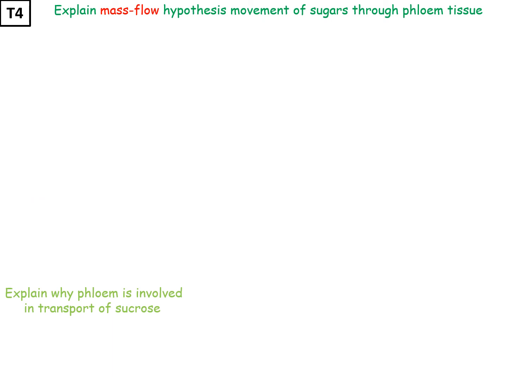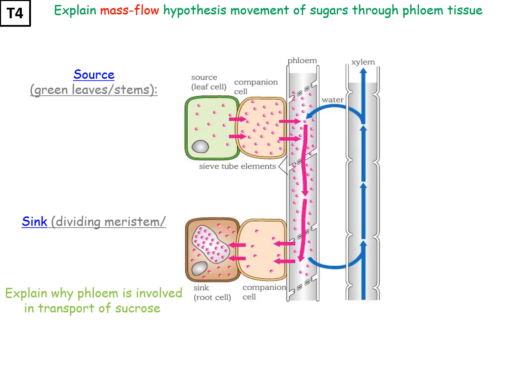Explain mass flow hypothesis movement of sugars through phloem tissue. First, you need to have a source of sugar. So clearly the source of sugar is the green leaves and stems. Then that sugar needs to be transported somewhere. It's usually transported as sucrose, and the area that needs the sucrose is called the sink.